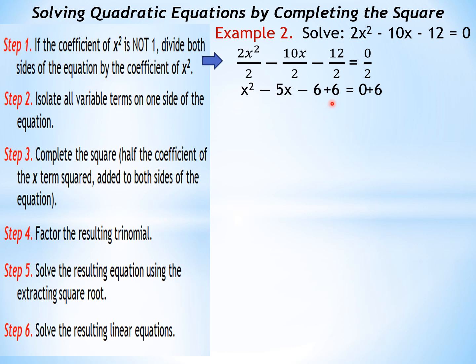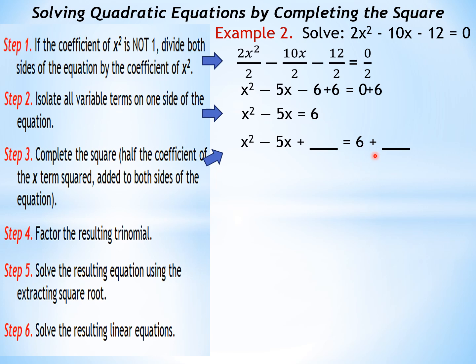So, we will use the addition property of equality. So, kung kanina nag-minus tayo, subtraction property of equality. Ngayon, nag-add tayo, addition property of equality. So, heto, wala na siya. So, the resulting will be x squared minus 5x is equal to 6. Ayan. So, step number 3.